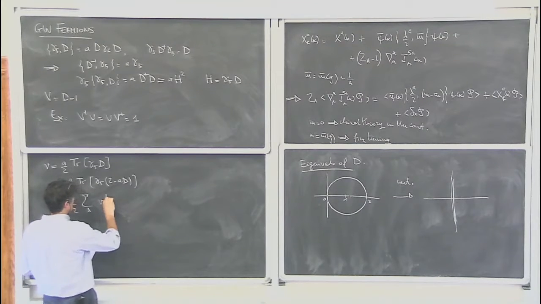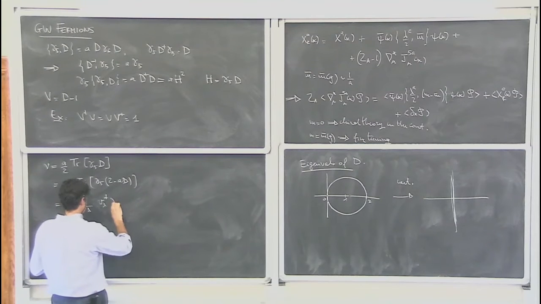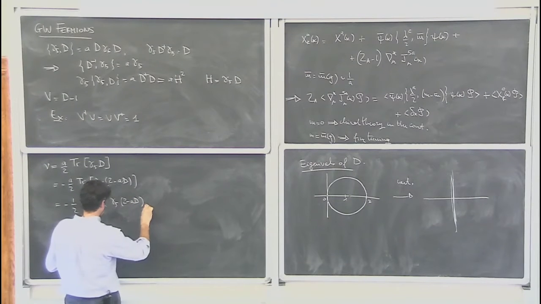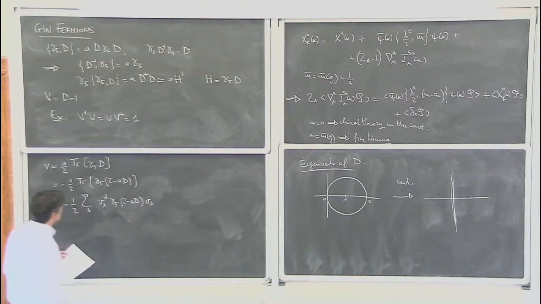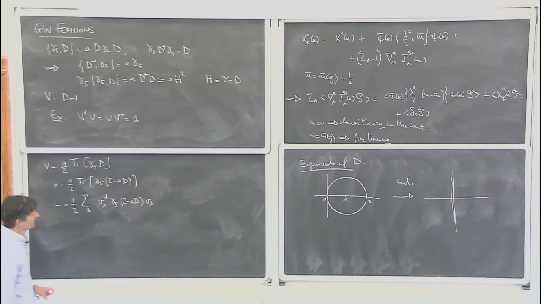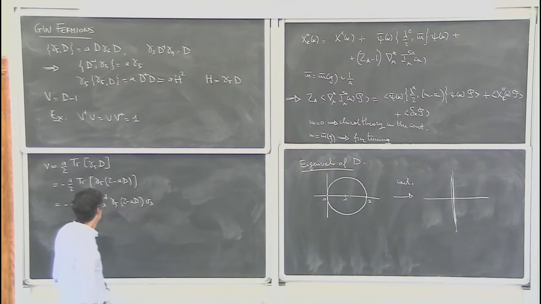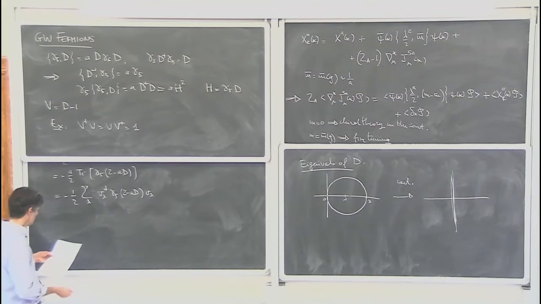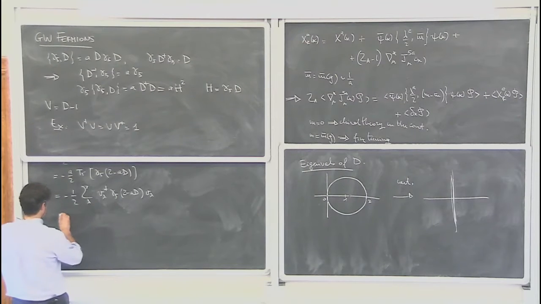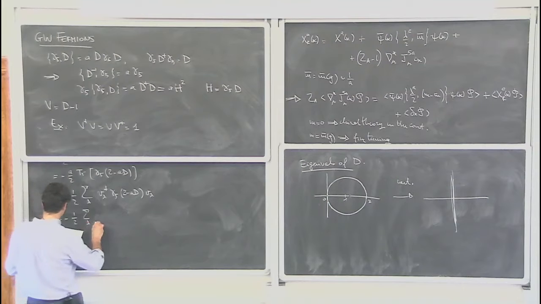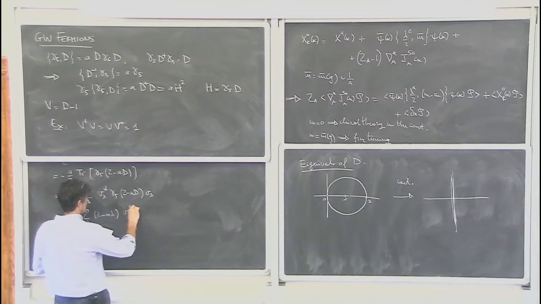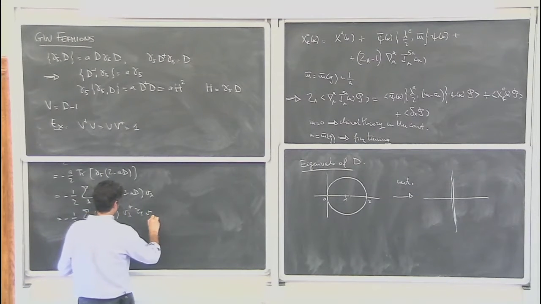Then we've got v lambda dagger gamma 5 times 1 minus a D over 2 v lambda, where v lambda are eigenvectors of D with eigenvalue lambda. And so we can rewrite this expression as minus 1 over 2 times the sum over lambda of 2 minus a lambda, and then v lambda dagger gamma 5 v lambda.